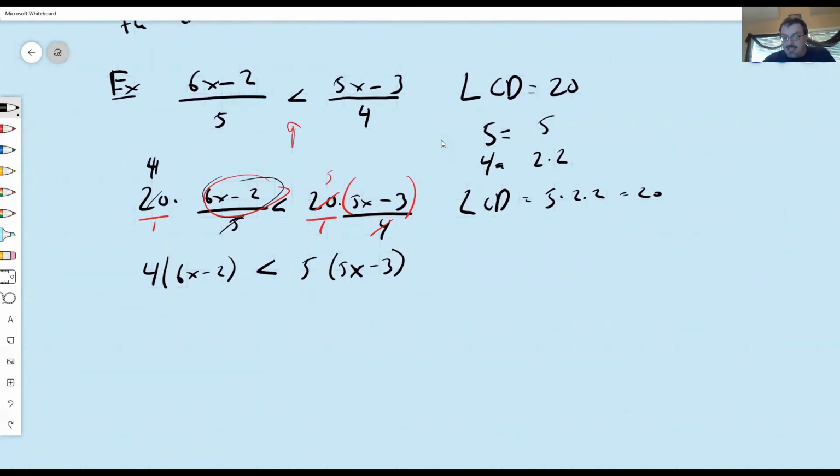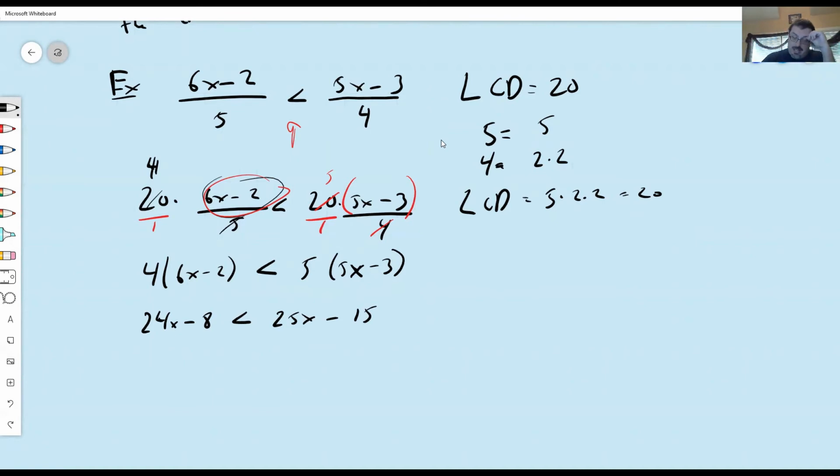Now we're just going to multiply stuff out and combine like terms. So 4 times 6x is 24x minus 8 is less than 25x minus 15. I want my x on my left side and my constants on the right side.